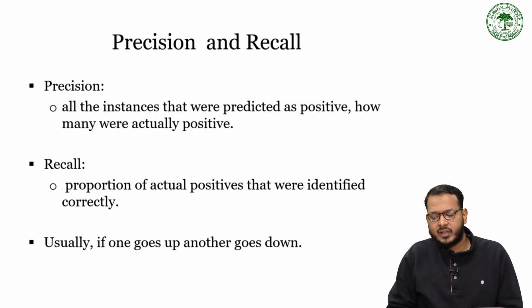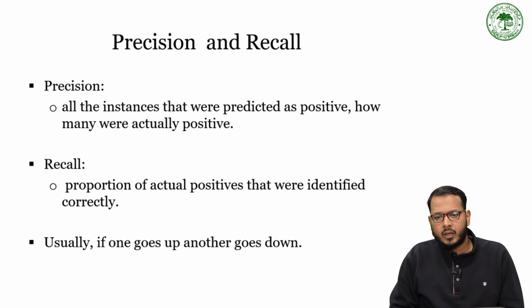Precision and recall are preferred over accuracy in situations where there is a significant imbalance between the classes of interest, or when the costs of false positives and false negatives vary greatly.